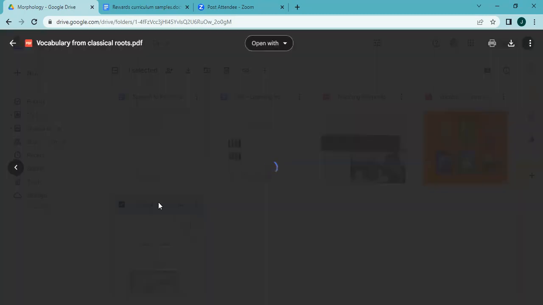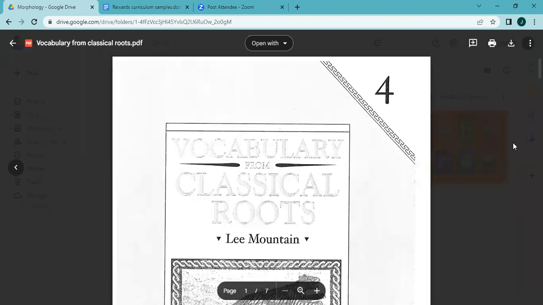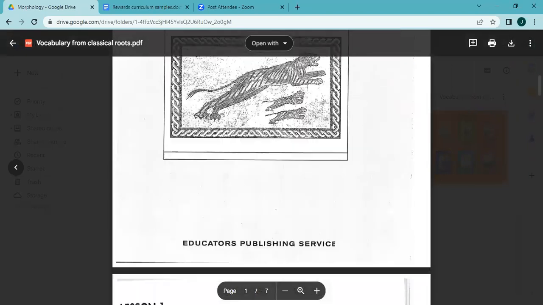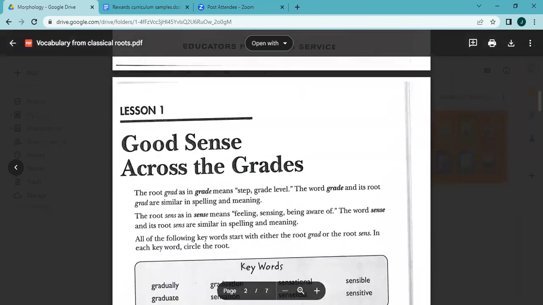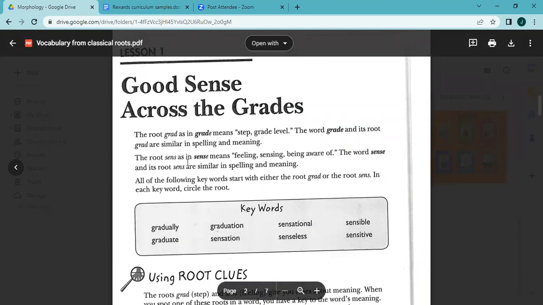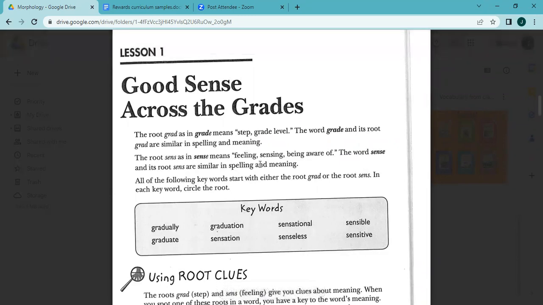Vocabulary from Classical Roots. I got this off the internet from a distributor called Christian Book. And what it does is it gives us 2 roots in each, or 2 bases, we would call them bases, in each lesson. So here you have the GRAD and the SENS.